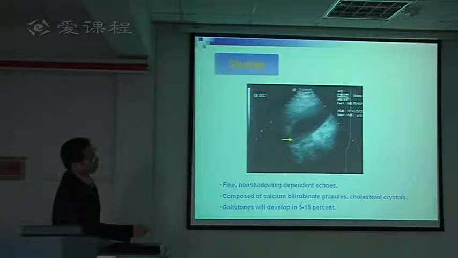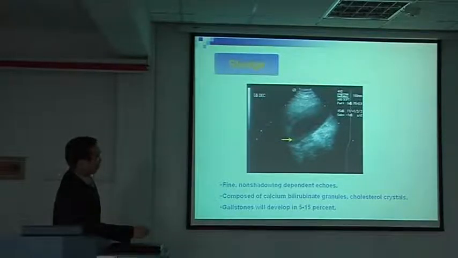Sludge sometimes may be caused by a patient eating more fats. Some patients may have more sludge in the gallbladder, but why, this is very difficult to explain.